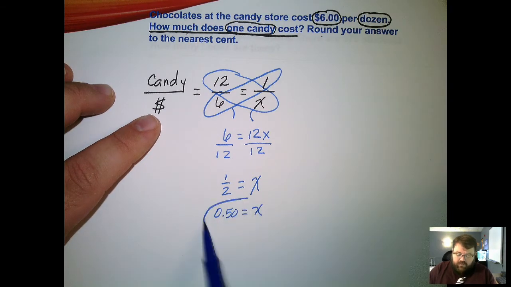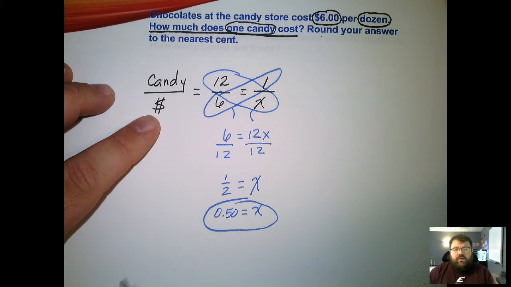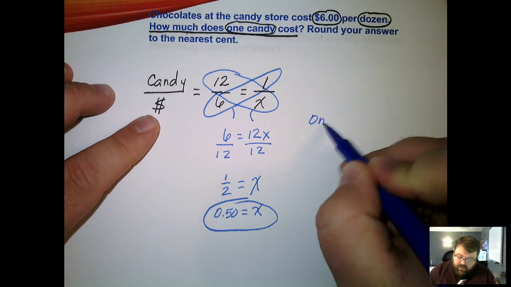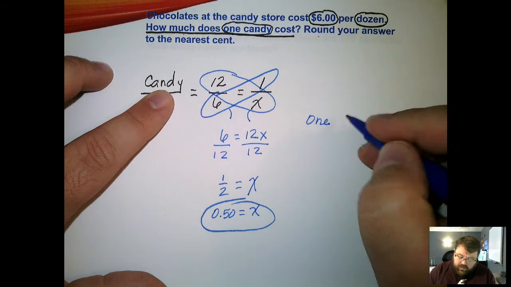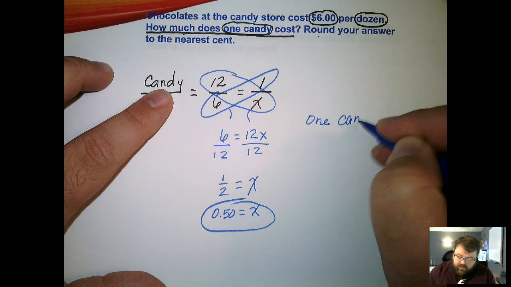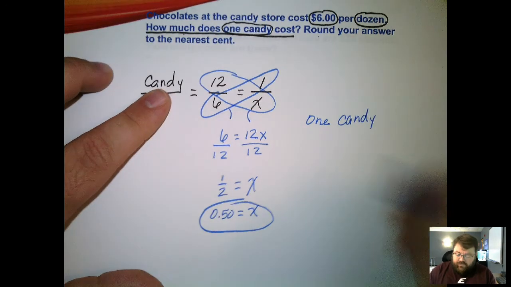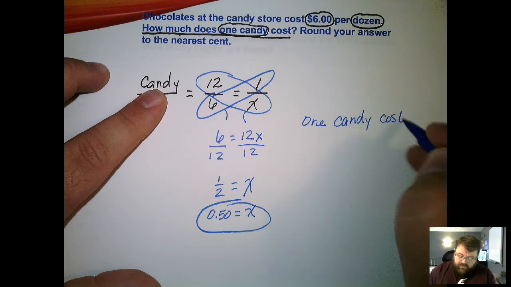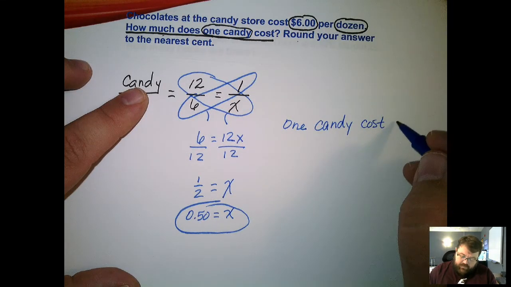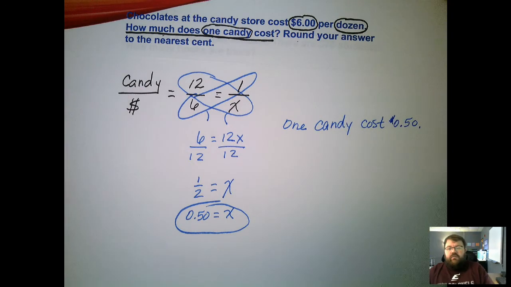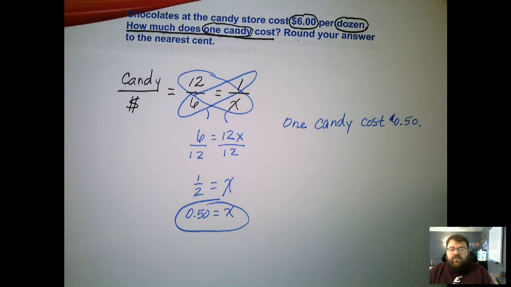So our answer to our problem is 1 candy, or 1 chocolate, costs 50 cents. So 1 candy costs 50 cents, they're 50 cents each.